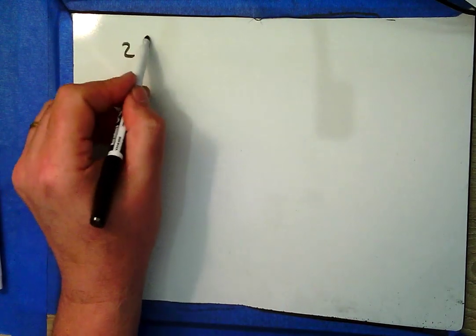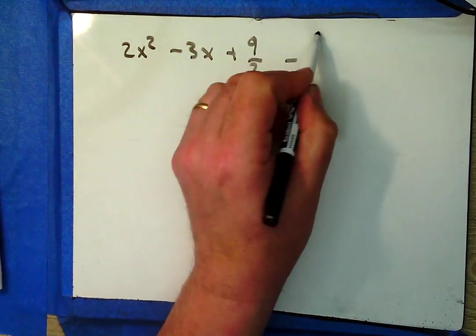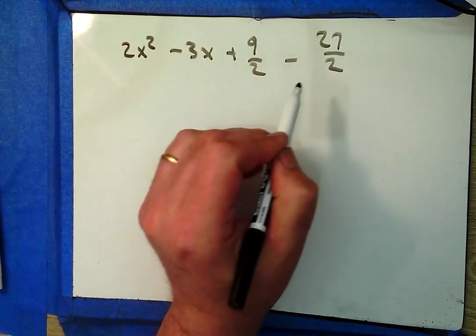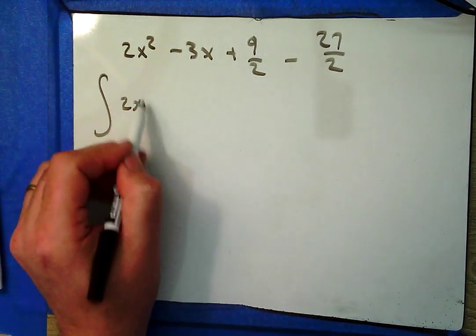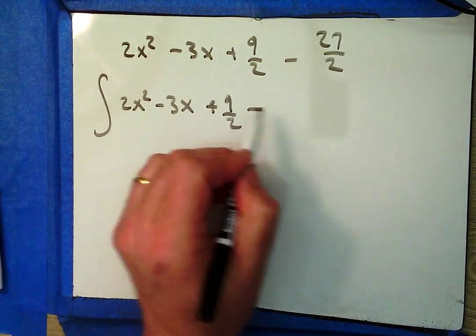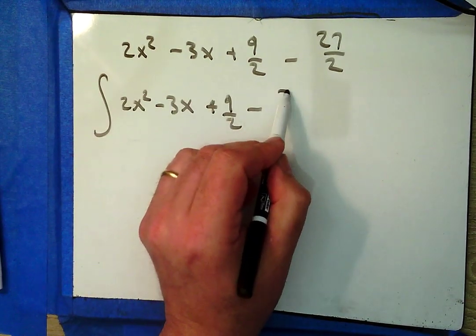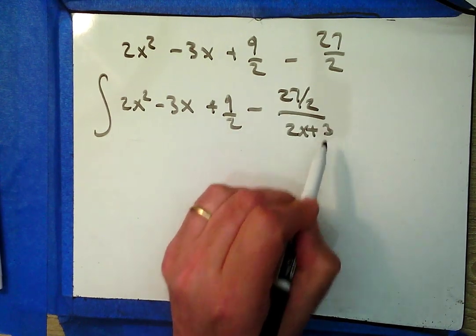So when I do this long division, I ended up with 2x squared minus 3x plus 9/2 minus 27/2. So then I write the integral of 2x squared minus 3x plus 9/2 minus 27/2 over 2x plus 3.